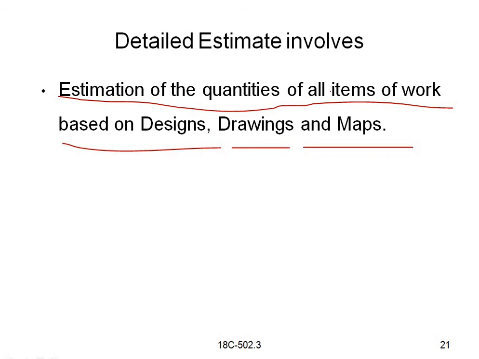That will all be shown in the sheets: serial number, description of work item, length, breadth, depth, quantity, actual quantity, total quantity, or any other remarks, tabulated in table form. So the detailed estimate involves mainly estimation of the quantities of all items of work based on designs, drawings and maps.